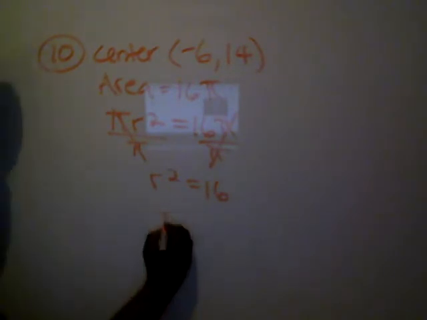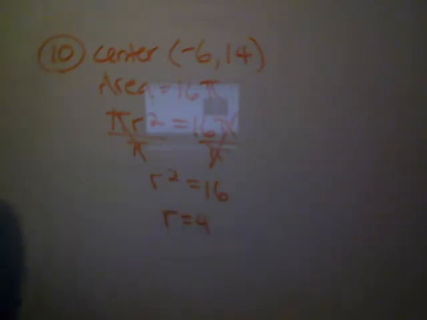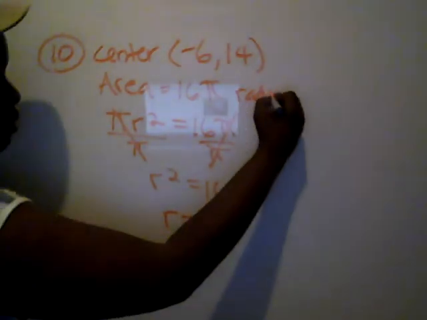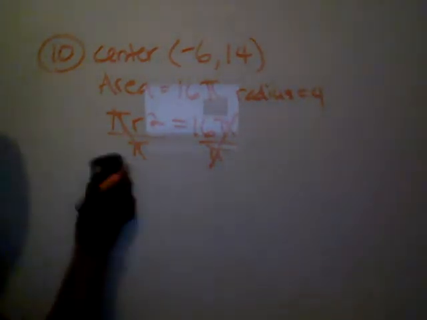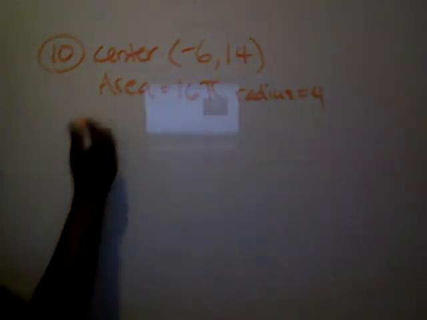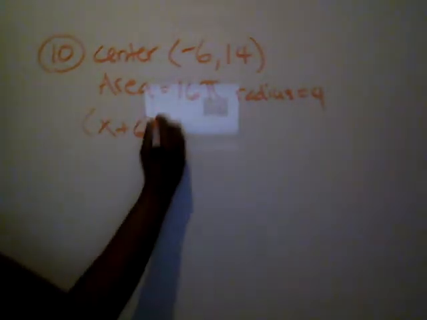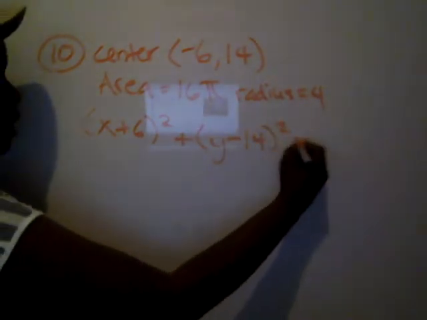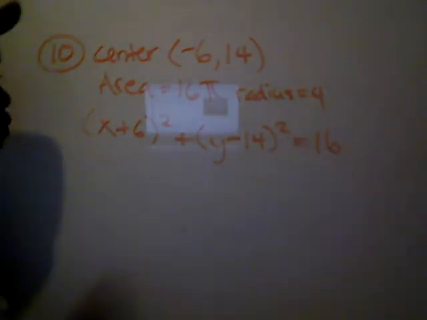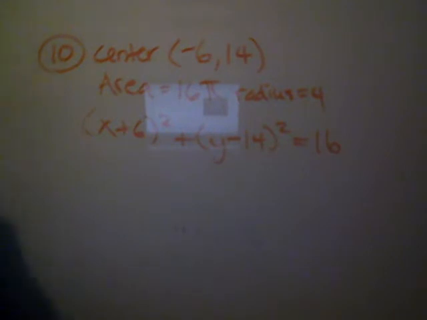So that means that r is equal to 4. Okay? So this is just a fancy way of letting them tell us that the radius is 4. So from there, we have all we need to write the equation. So we know the center would be x plus 6 squared, y minus 14 squared equals 16, or 4 squared, because the radius was 4.